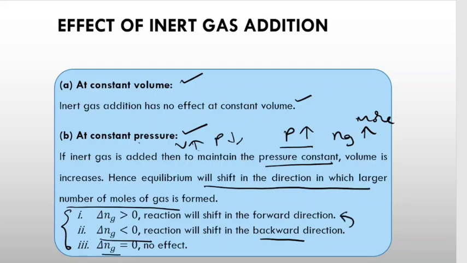And we know already delta N is equal to 0 means there is no effect of pressure on the equilibrium. So the conclusions you can note down here, right? This is all about the Le Chatelier's principle. Short, crisp, and clear, right?